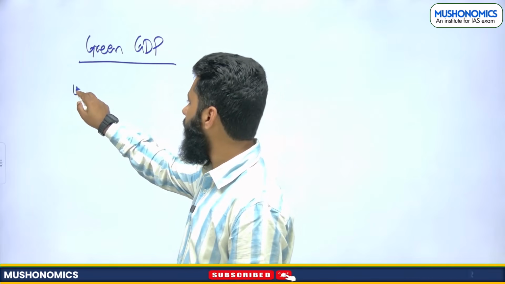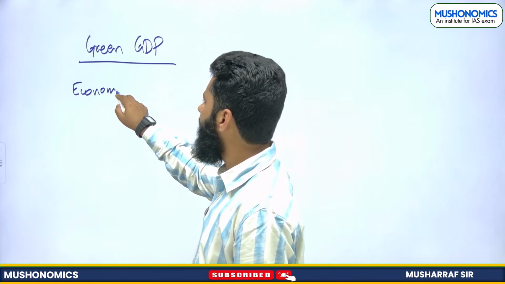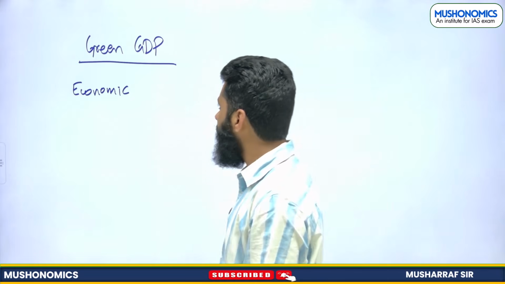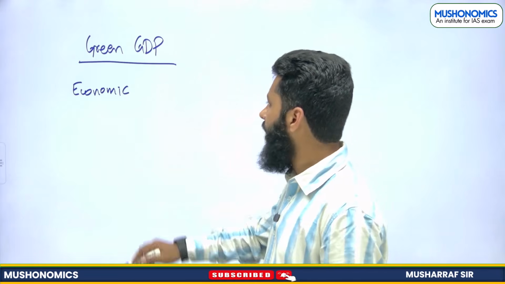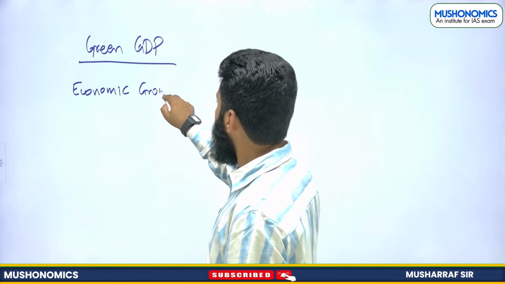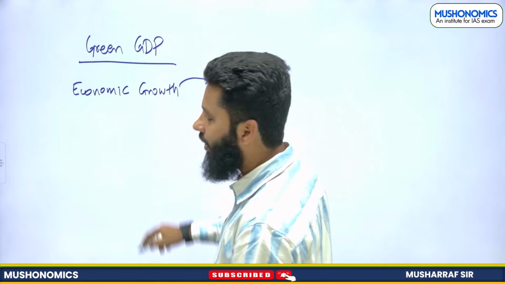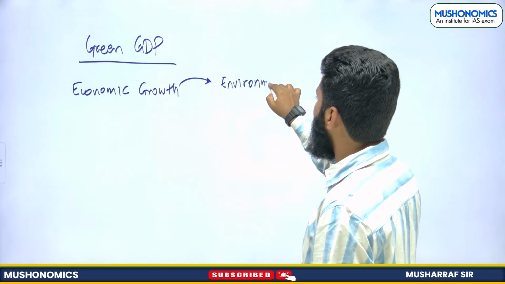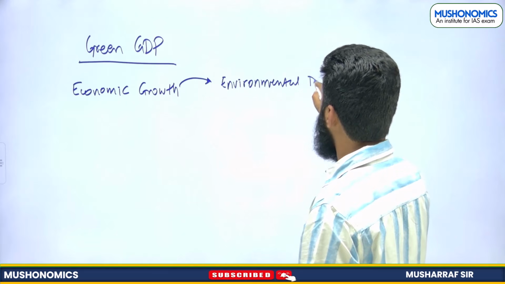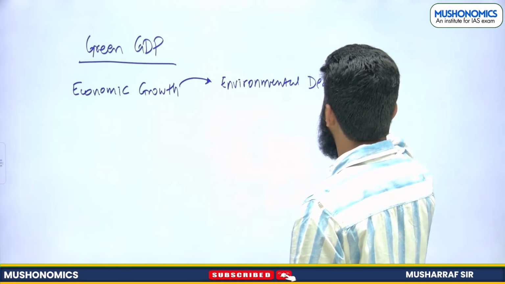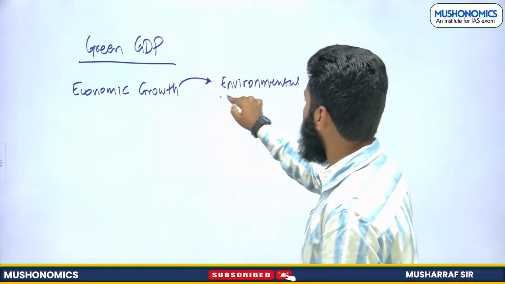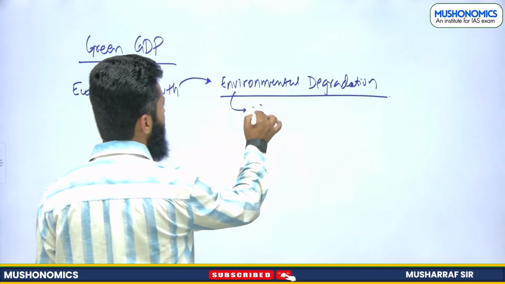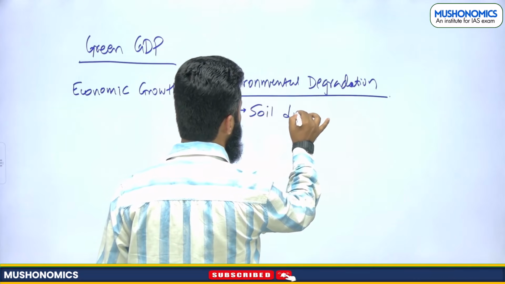Although we will be studying more on this under our third module related to inclusive growth, just to give you the concept of green GDP, economic growth is resulting in environmental degradation, right? More on this you will be studying under the environment and ecology subject. But when we talk about environmental degradation, for example, soil degradation, right?